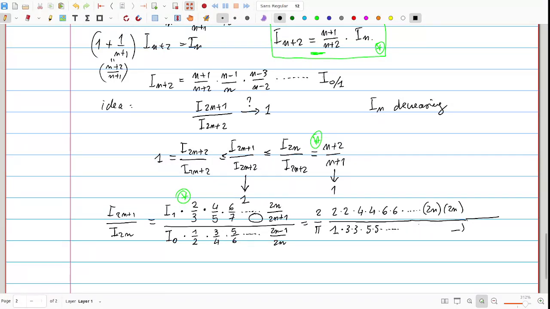So let's write it on the left. And then you have 2n plus 1.